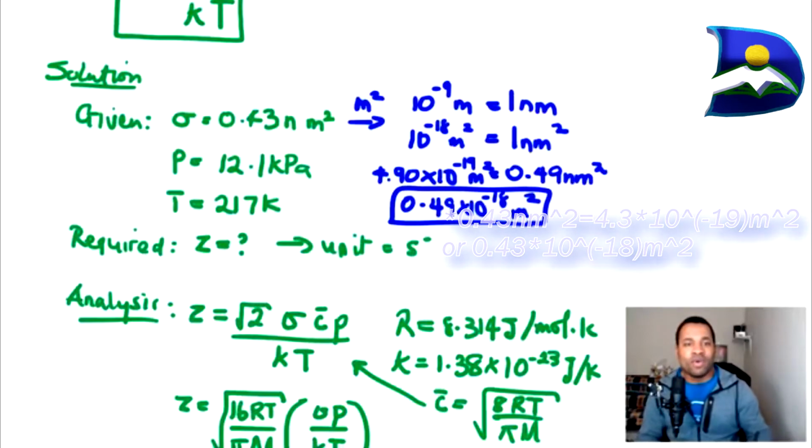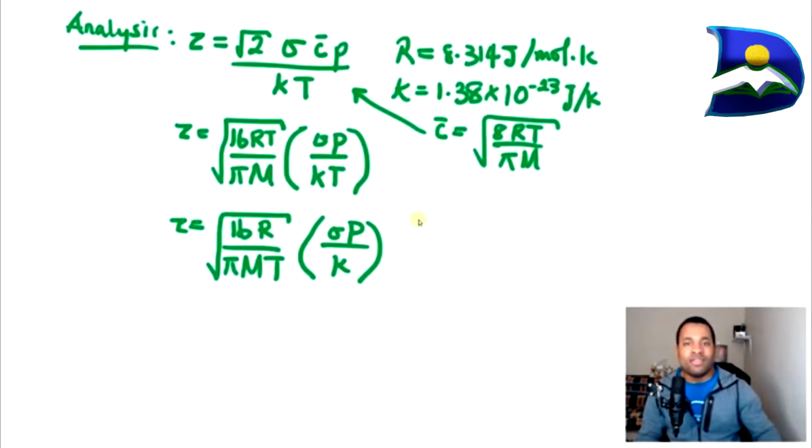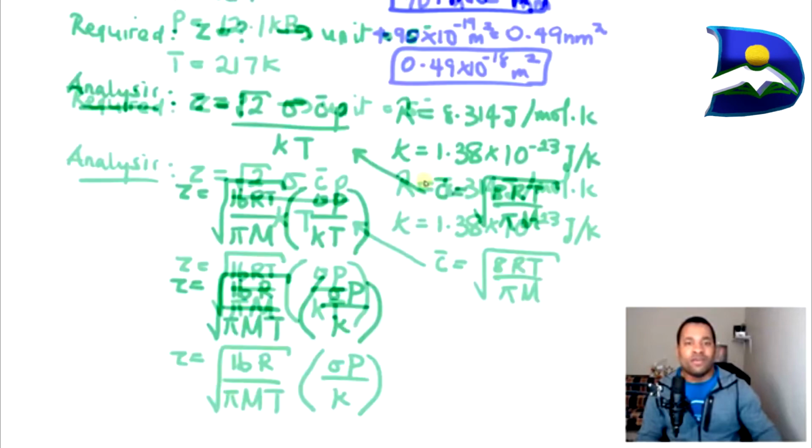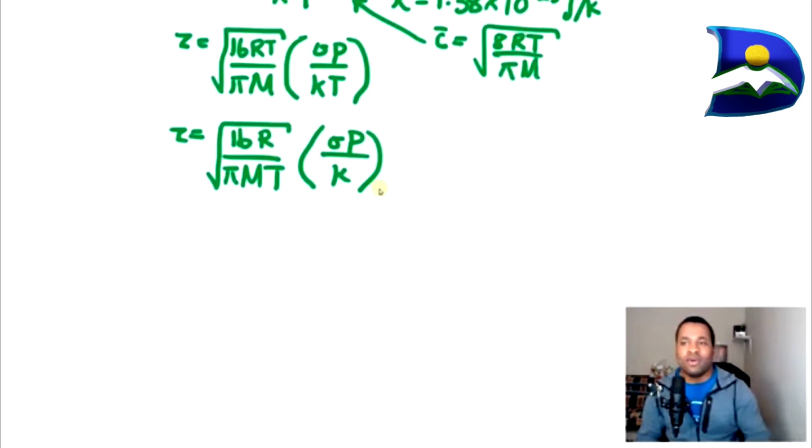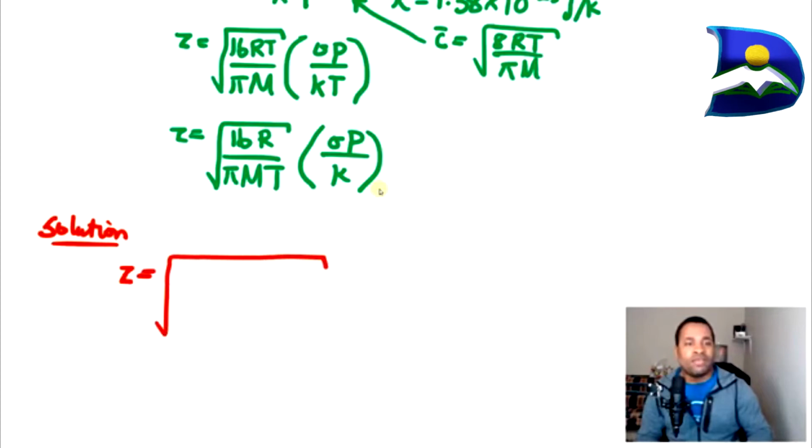And then our next one we're going to deal with is how we are going to apply these givens in this particular question. To solve, we're going to substitute our givens into our equation. Therefore, our z here is now equal to the square root of 16.